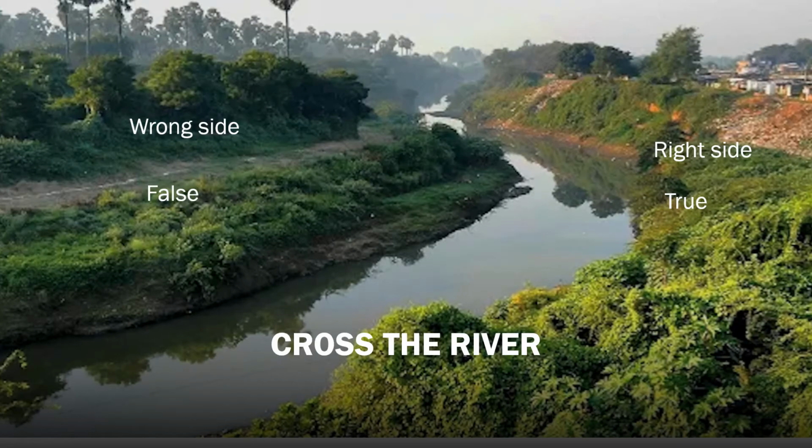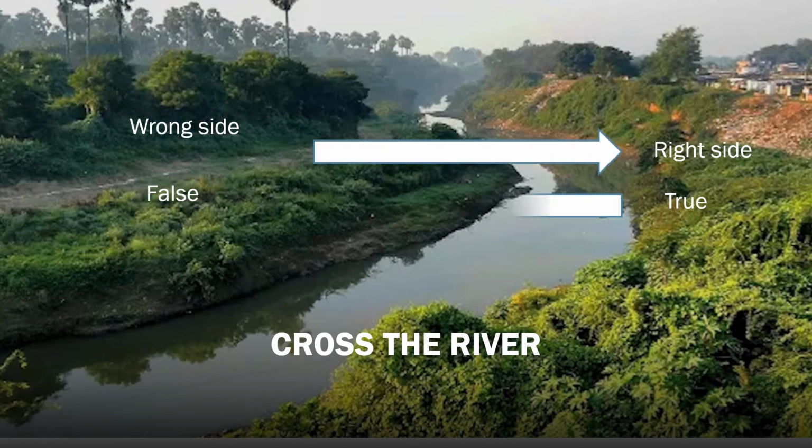So remember, in this program, the user, the player, is going to keep crossing the river. I identify the two sides of the river as the wrong side and the right side, or to put it another way, the Boolean values false and true. And each turn, the user is going to cross the river.